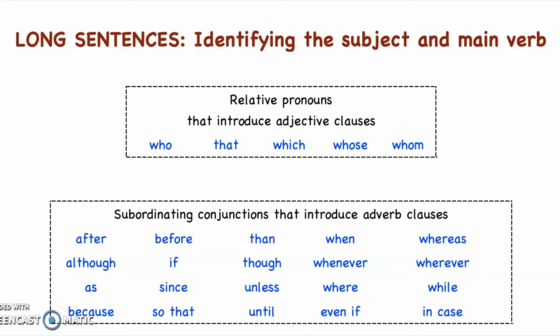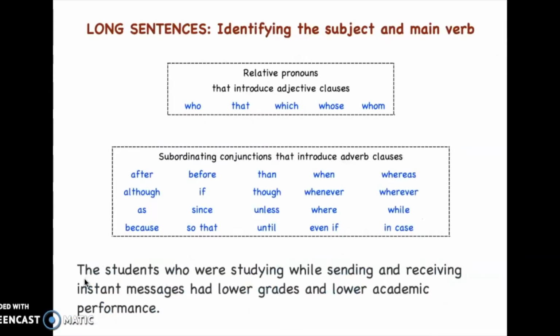So let's begin. Looking at this sentence: the students who were studying while sending and receiving instant messages had lower grades and lower academic performance. So first of all, we're looking for these words to see if any of these words appear in the sentence.